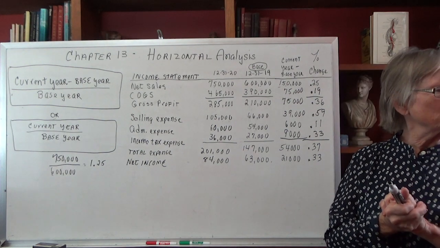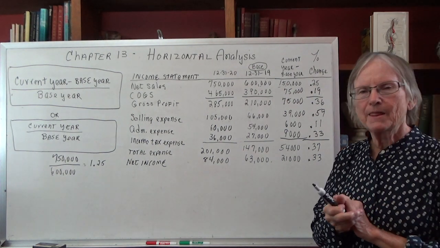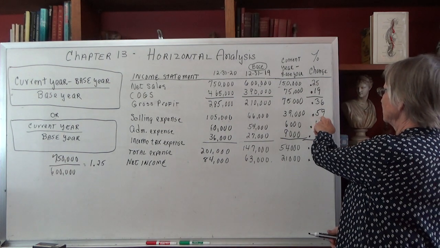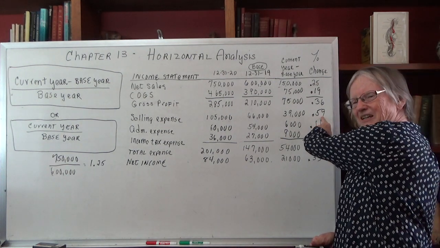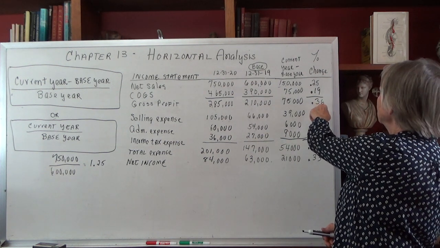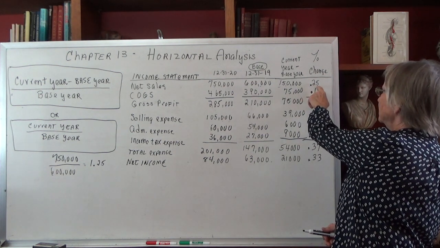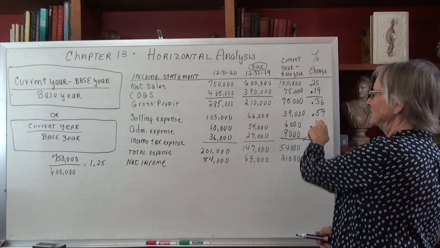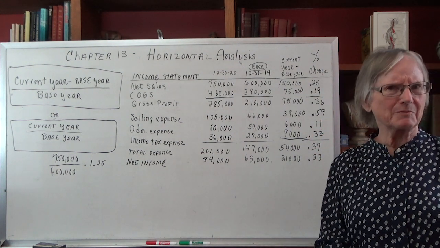Well, gee, that's pretty cool. Okay, so let's go down further. Oh, selling expenses increased 59%. Okay, so our gross profit went up 36, our net sales went up 25%, but our selling expense, that's something we might want to look into.